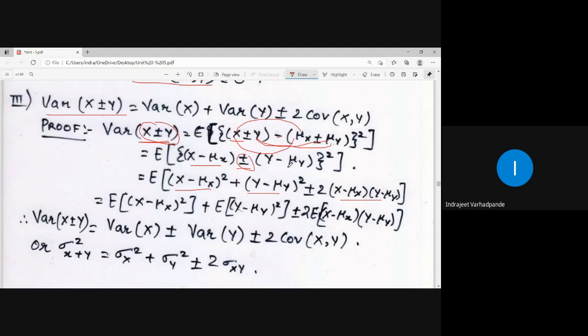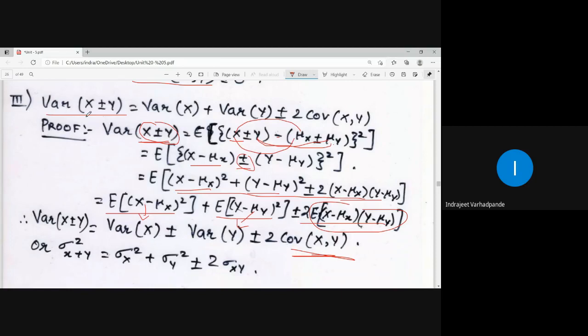Now a plus minus b whole square is a square plus b square plus minus 2ab. Now take expectation of all the terms. So expectation of this, 2 times expectation of the product. This is variance of x, this is variance of y. Expectation of the product is nothing but covariance, which we saw in the definition.